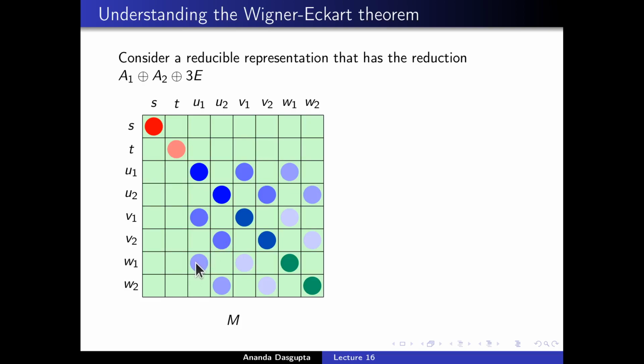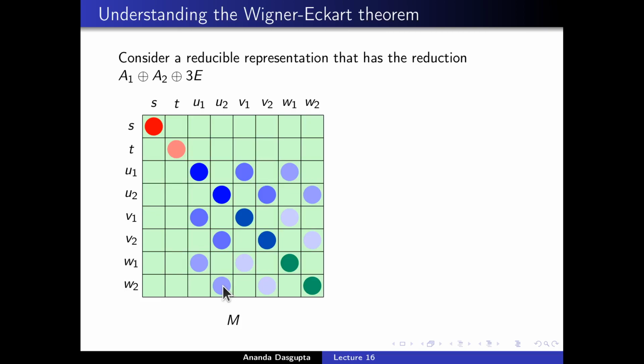Similarly, this one, which is a matrix element between W1 and U1, will be non-zero, but will have the same value as the matrix element between W2 and U2. Similarly, U2 and W2, U1 and W1. All these will have the same, possibly non-zero, value.